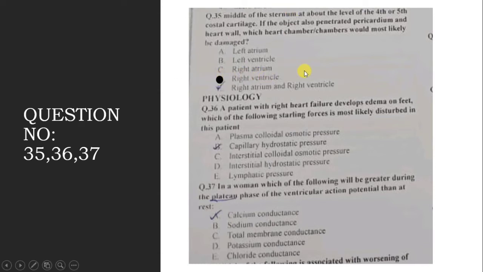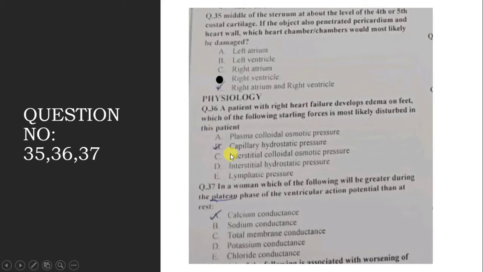This is because the majority of the sternocostal part of the heart is formed by the right ventricle. So when an object penetrates the sternum at any level, it will lead to damage to the right ventricle.